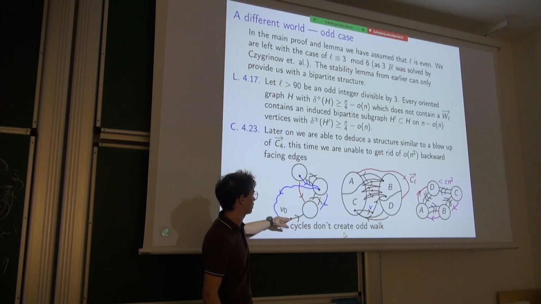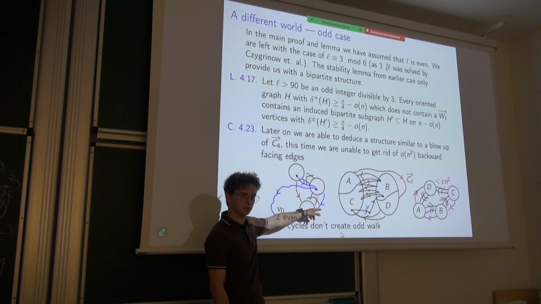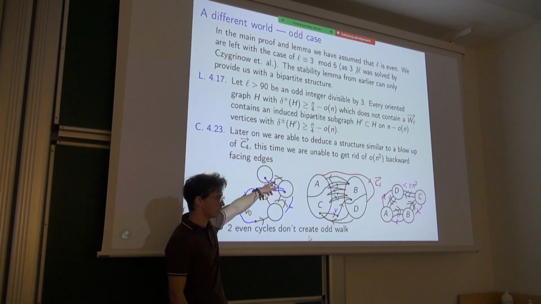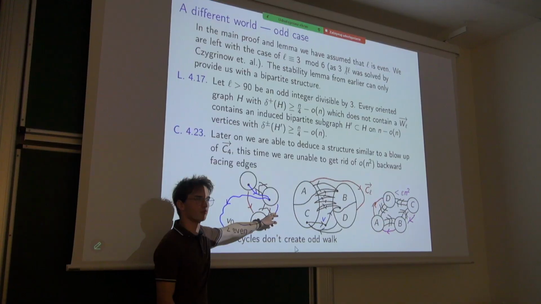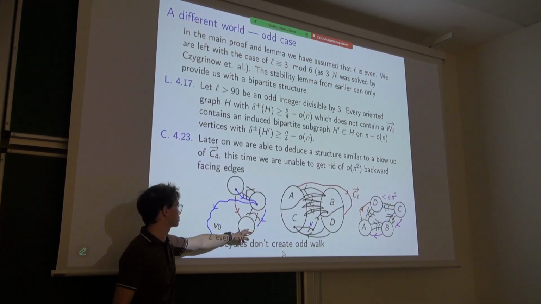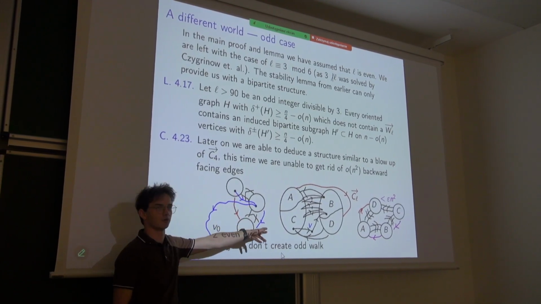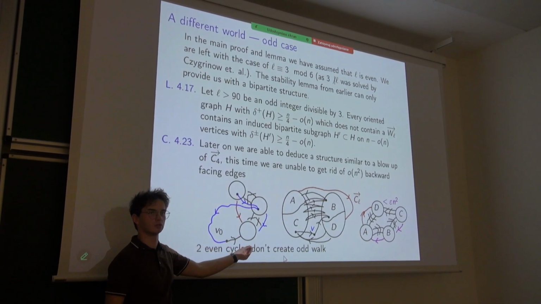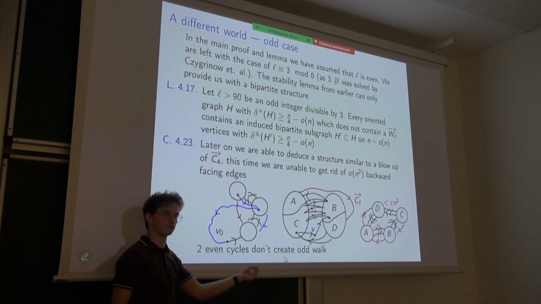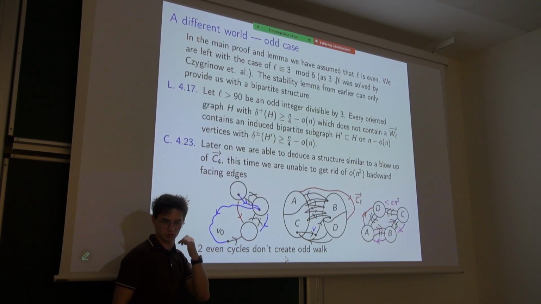So notice that when we were creating the blobs using the stability lemma, this time we may not remove edges going backwards, because we have forbidden some odd closed walk.